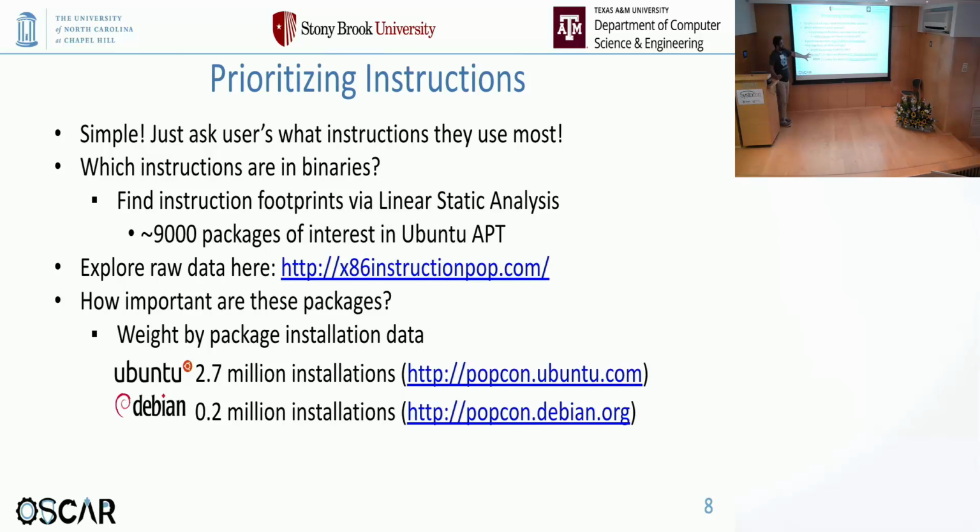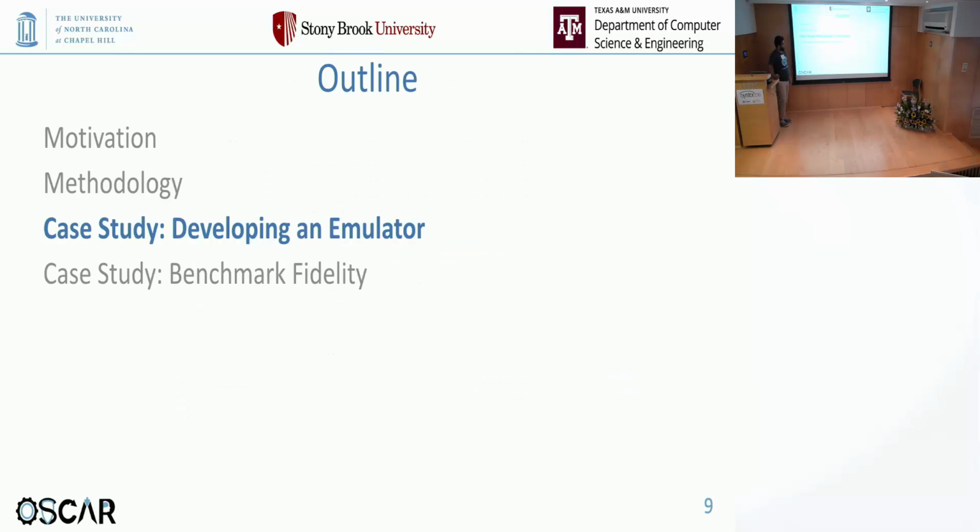This data tells us which packages are installed in a given installation of Ubuntu and Debian, and based on that we calculate which packages are more important. If a given package is installed on every machine, then it has very high importance, and if it's on very few machines it has low importance. We use that to weight the instruction footprints that we calculated, and that's how we derive the data set.